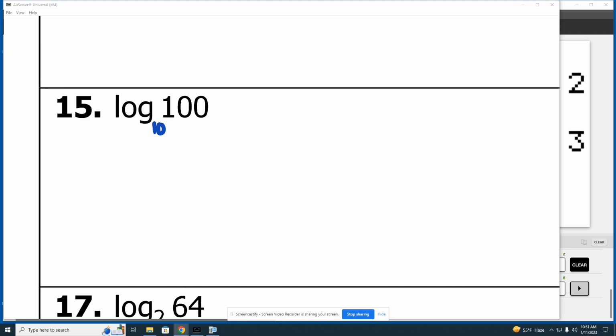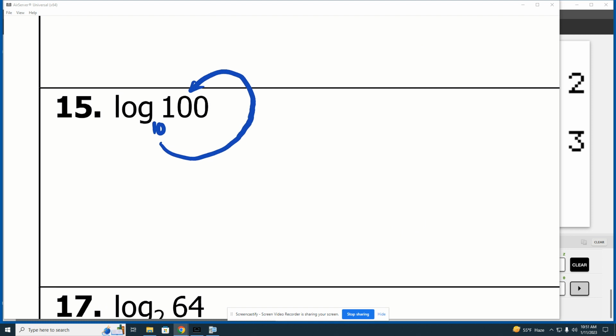So here's the thing. In the future, you're going to mindlessly type these into your calculator. I get that. You will. But I want you to understand exactly what you're finding when you mindlessly type log of 100 in your calculator. You are finding the answer to this question: 10 to what power equals 100?